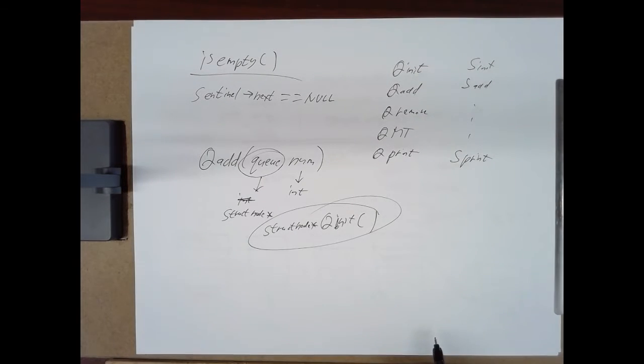In your main program, you can declare a struct node star named Q and a struct node star named stack. Set stack equal to S init, set Q equal to Q init. Some of these things may do the same thing, but I think it's cleaner to have a separate set of functions for each. That would be my preference.